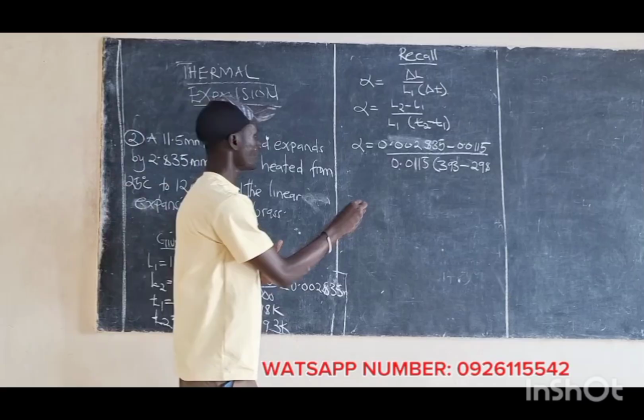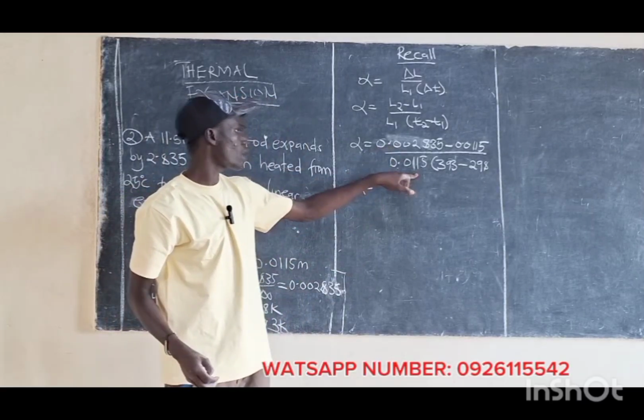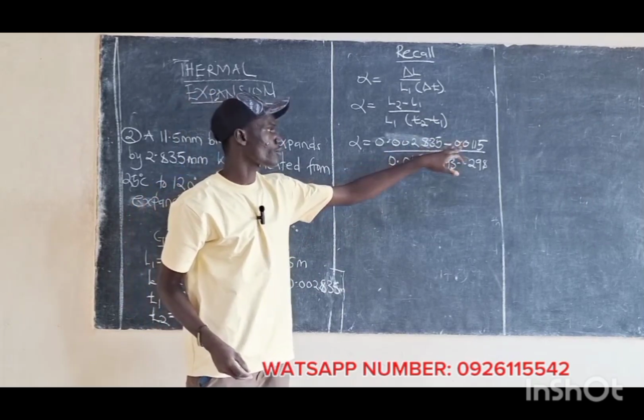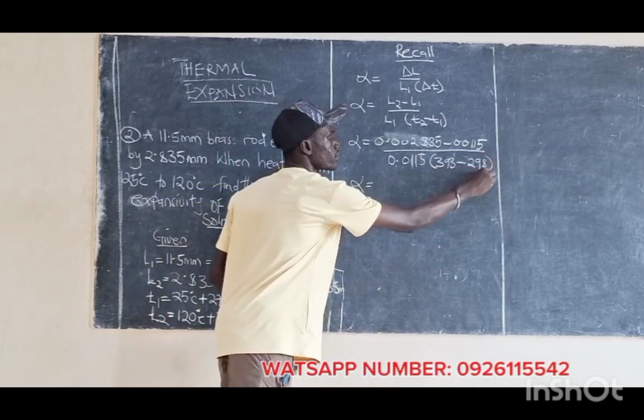Now we continue. We break this one down. We are going to subtract inside the bracket, and multiply after we have subtracted inside the bracket.